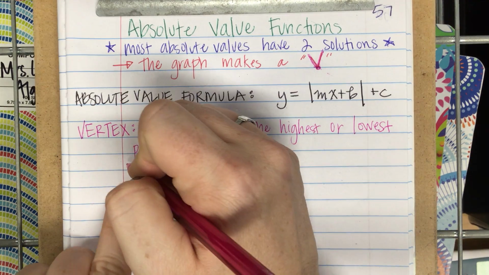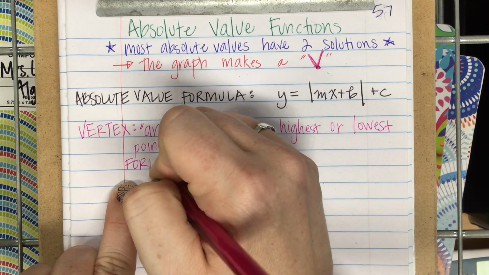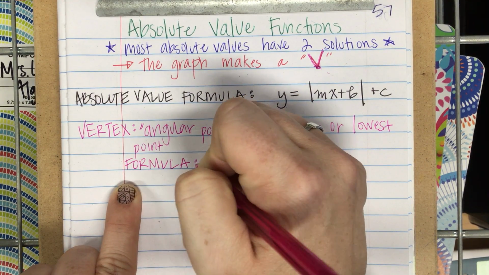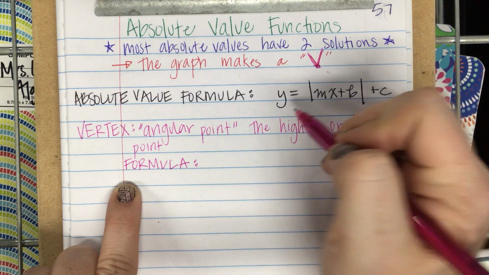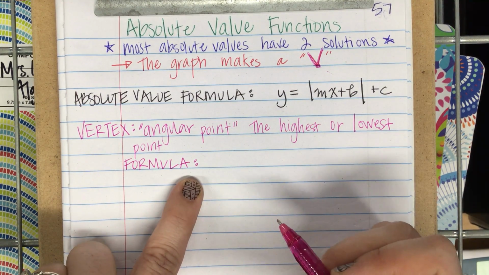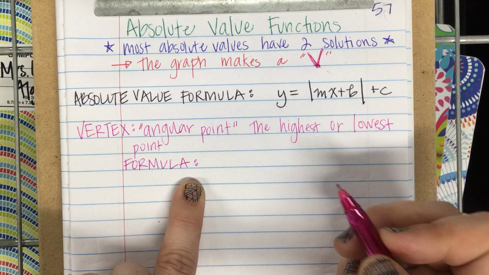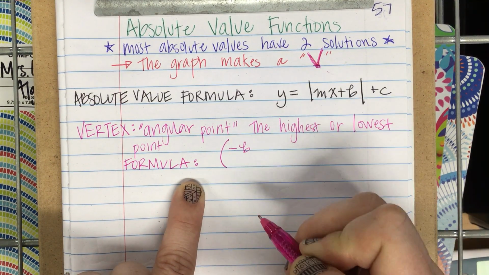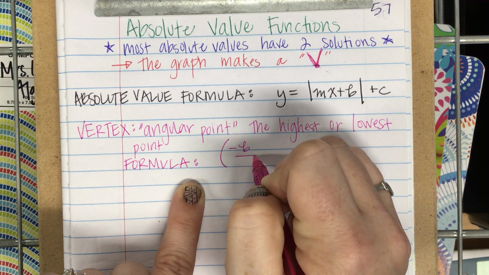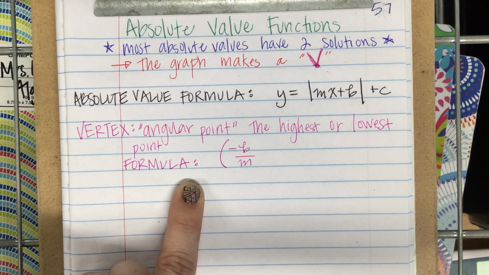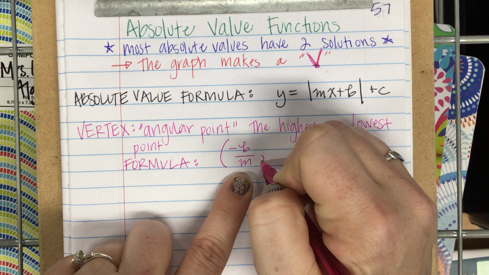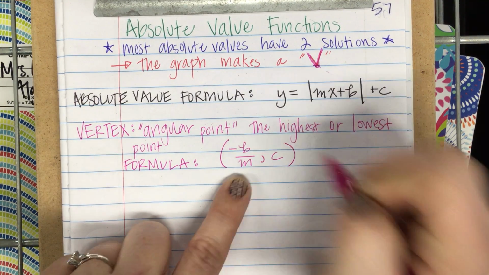The vertex formula is, if it's a graph, it's got to be an ordered pair. Do you agree? The vertex formula is negative b over m. That's our x value, comma, c.